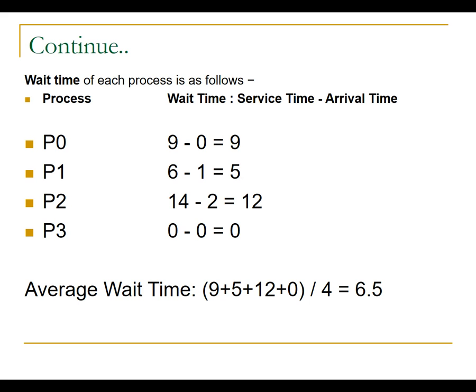Then process number 0, which has a waiting time of 9. And the last, process number 2, which has a waiting time of 12, is going to be executed. Here the 0, 5, 9, and lastly 12 were fetched from various batches generated by the central processing unit.